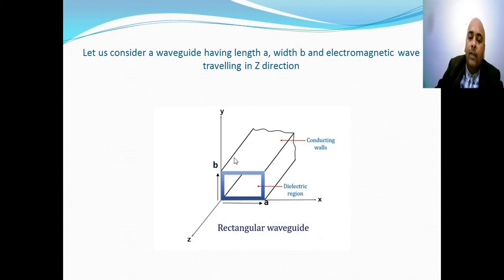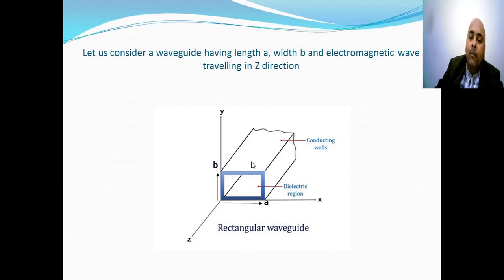That is, if we talk about this surface, it lies in the xz plane, and similarly exactly below this surface again lies in the xz plane, with the lower surface at y equal to 0 and the upper surface at y equal to b. So in the xz plane, Ex as well as Ez will be equal to 0.